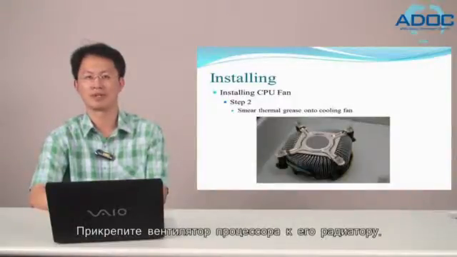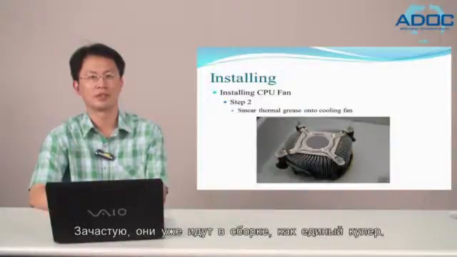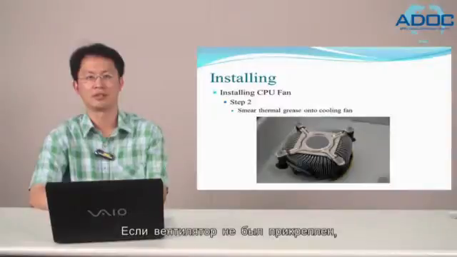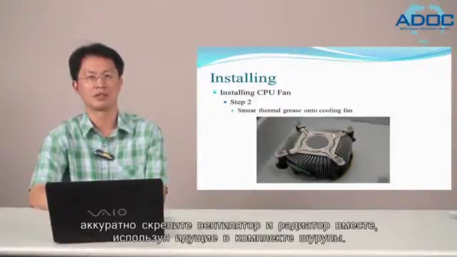Affix the CPU fan to its heatsink. This may have already been done. If the fan has not been attached, carefully fasten the fan and the heatsink together by using the screws that came with the devices.